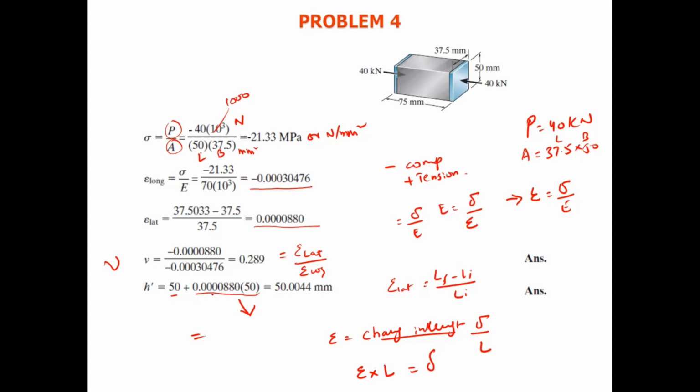Because we are talking about the 50 millimeter side, we take the lateral strain, since it is the lateral side. So we multiply the lateral strain by the original length, and we get the change in length. So change in length plus original length is the total length.